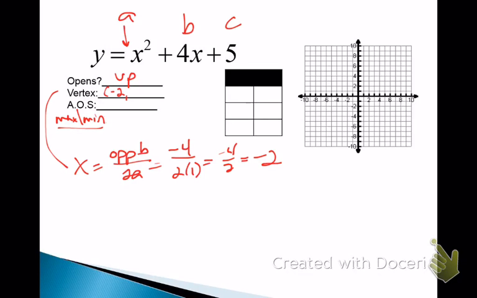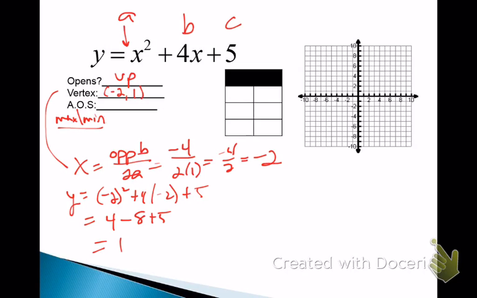And to find out what the something is, I just plug in negative 2 for x and get y. So negative 2 squared is 4. 4 times negative 2 is negative 8 plus 5. And this will get you 1.